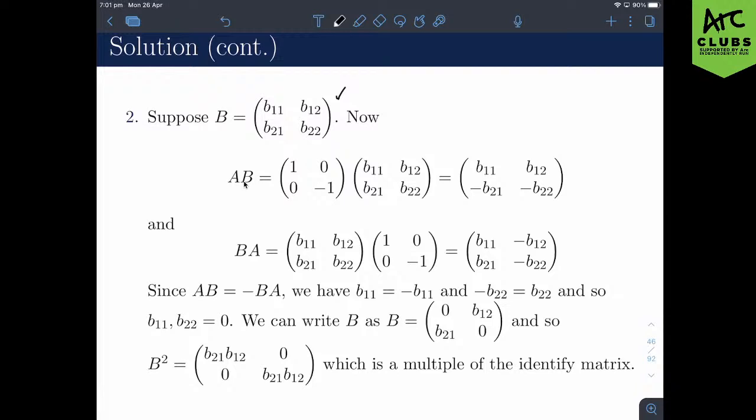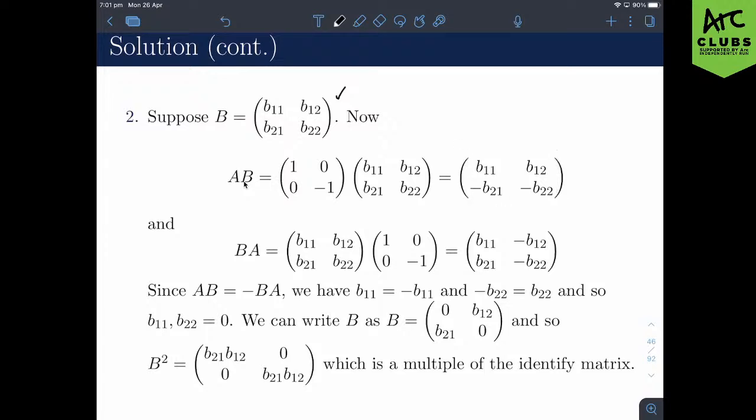And doing the calculations, I hope you guys remember, we multiply this term by this term, and we add it with this term multiplied by this term, and we do that for every entry. Doing that matrix multiplication, we find that this matrix is equal to this.